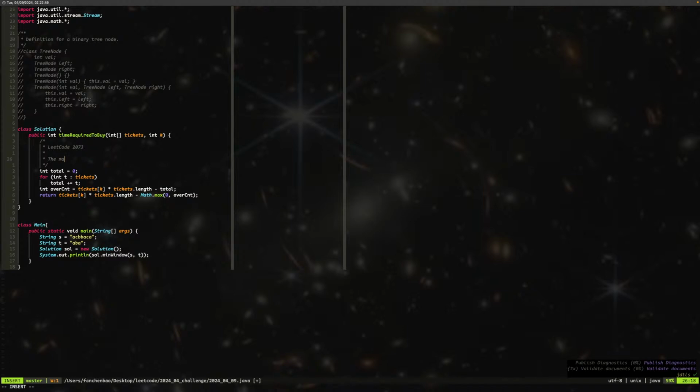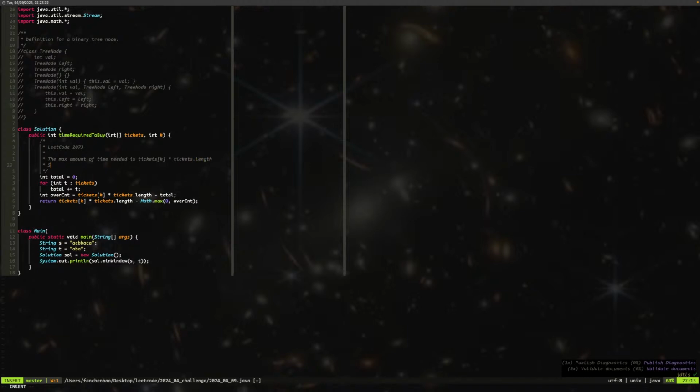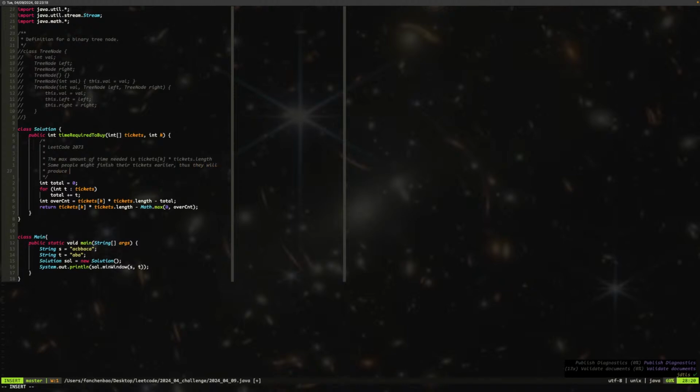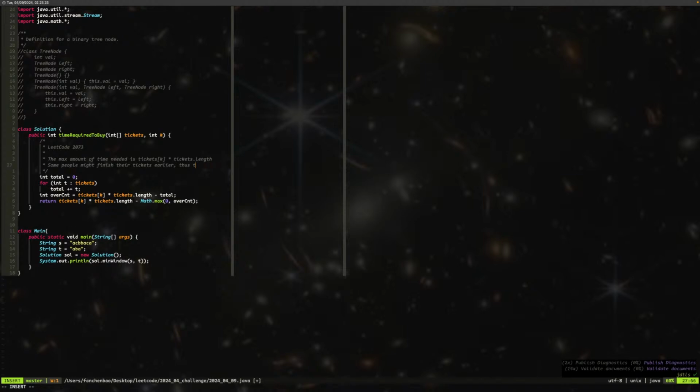The max amount of time needed is tickets k times tickets dot length. Some people might finish their ticket earlier, thus we will overcount, right?